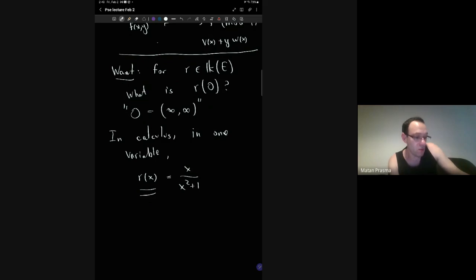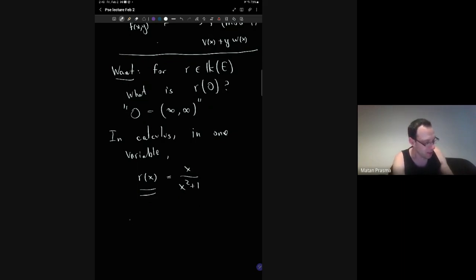Now, what you can do in simple terms is basically divide the numerator and the denominator by the highest degree monomial.